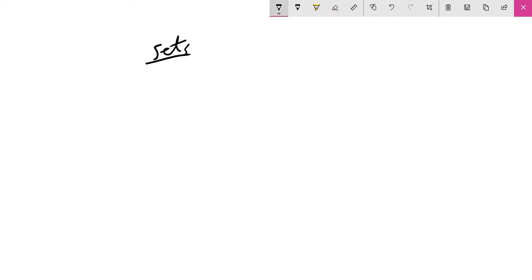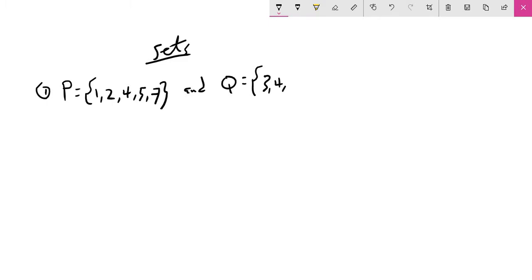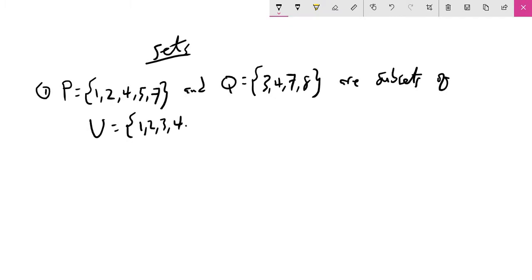Now the question we have at hand is that P is equal to {1, 2, 4, 5, 7}, and Q is equal to {3, 4, 7, 8}. They are subsets of U, which is equal to {1, 2, 3, 4, all the way to 10}.